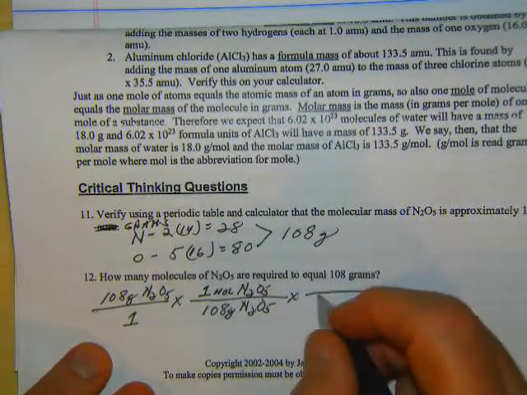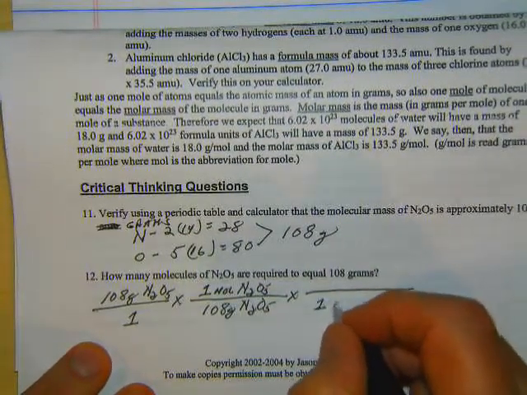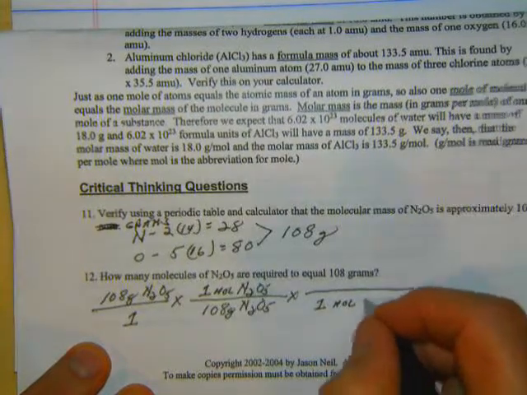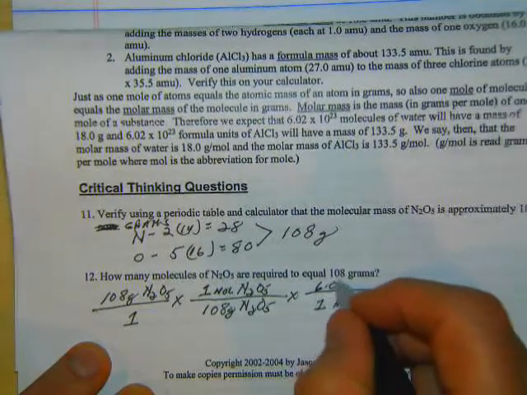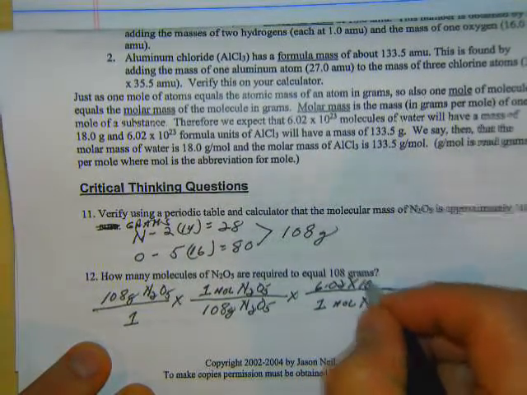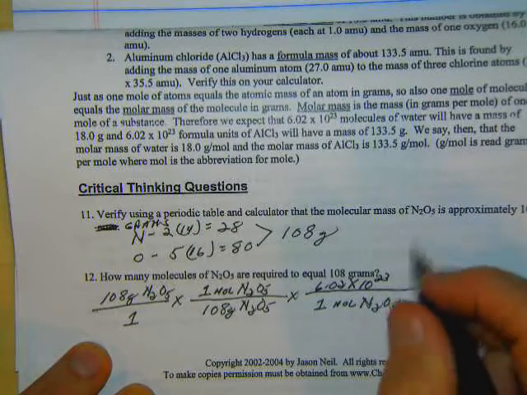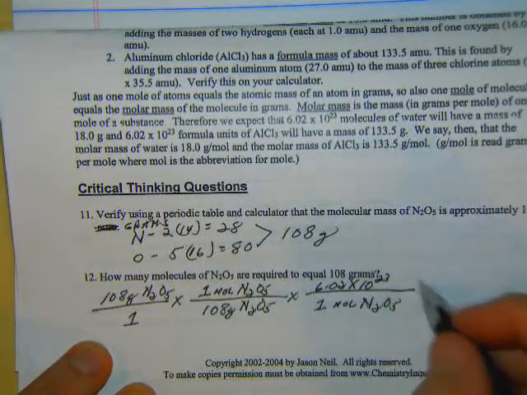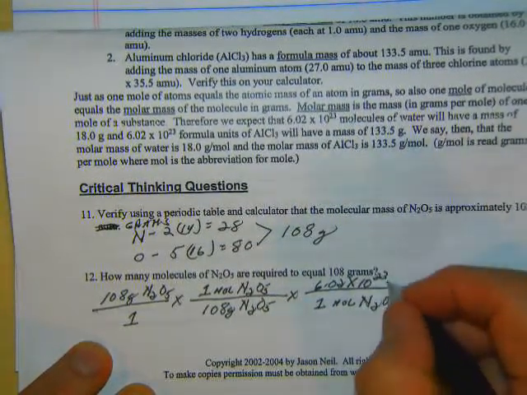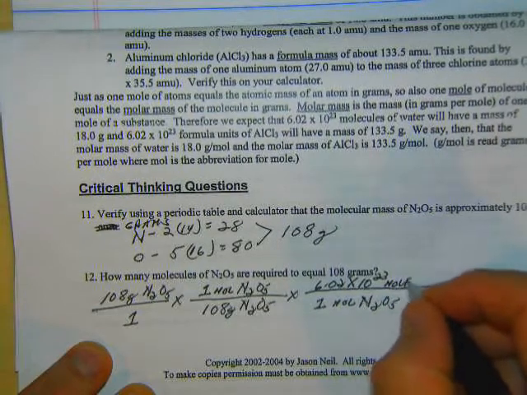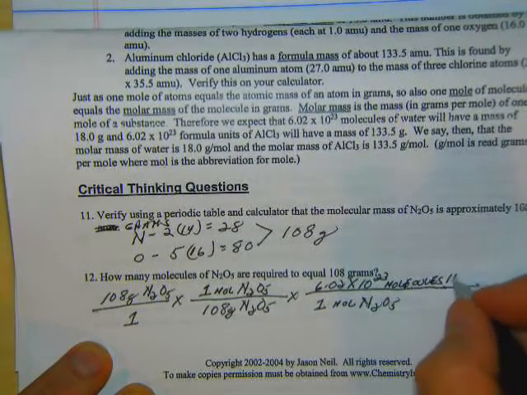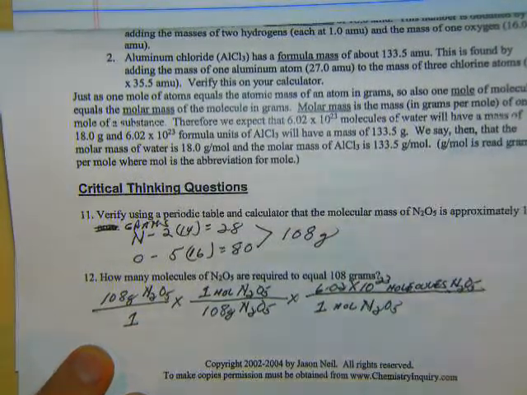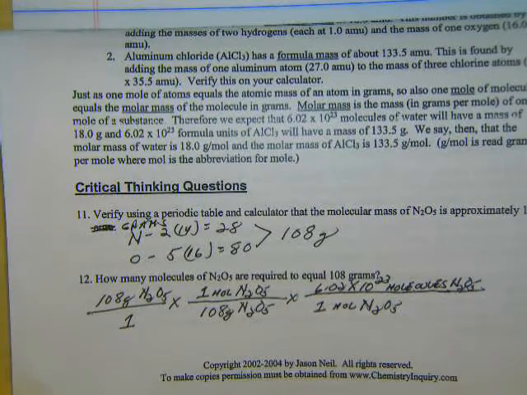So in 1 mole of N2O5, there are 6.02 times 10 to the 23rd, and we're looking for molecules of N2O5. And again, I know it gets a little redundant to write things out, but just get a good habit of writing things out here.